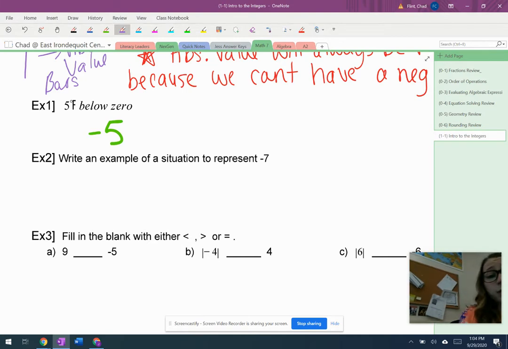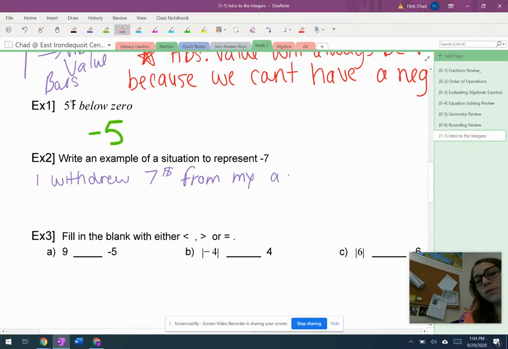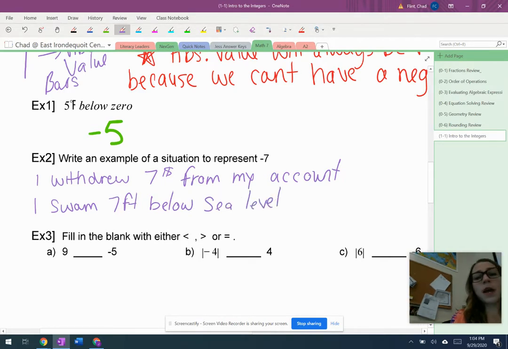So you could do, I withdrew $7 from my account. I swam 7 feet below sea level. I spent $7. Any kind of sentence that's talking about negative 7.